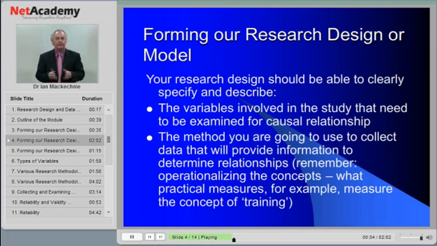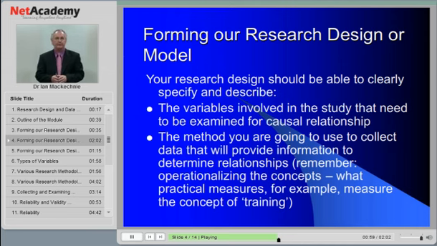So our research design should be able to clearly specify and describe, firstly, the variables involved in the study that need to be examined for a causal relationship. Does training cause or have some effect upon the effective handling of customer complaints, for example?